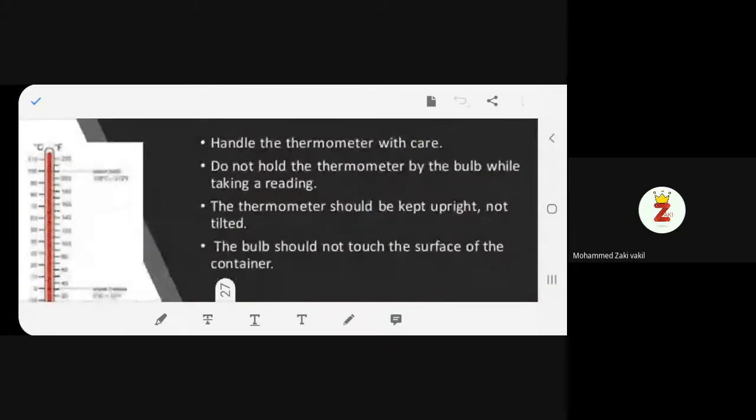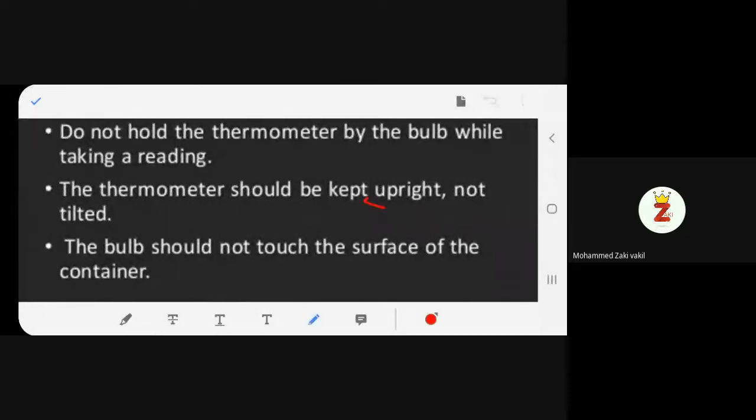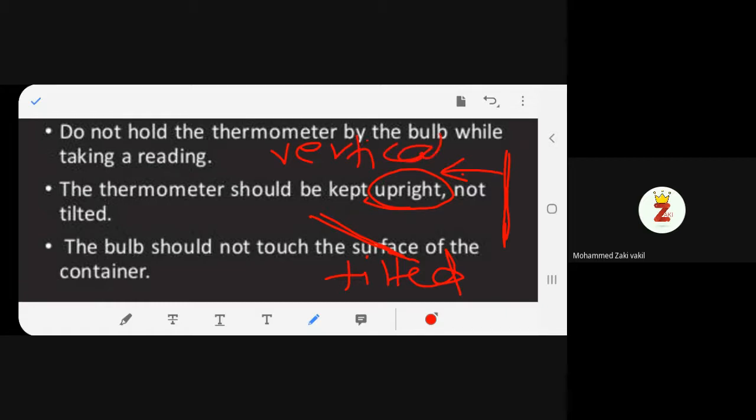Third, it should be vertical. What is the other name of vertical? Upright. That means it should be straight, and it should not be like this. This is tilted, and this is upright or vertical. Are you clear with this point?